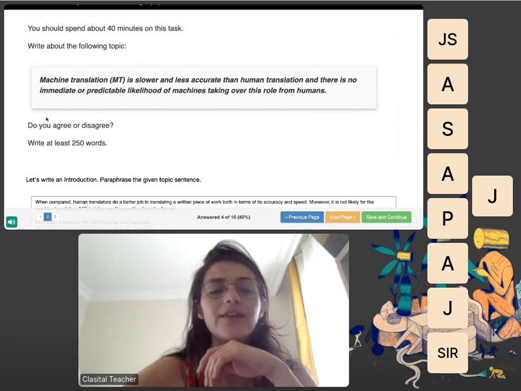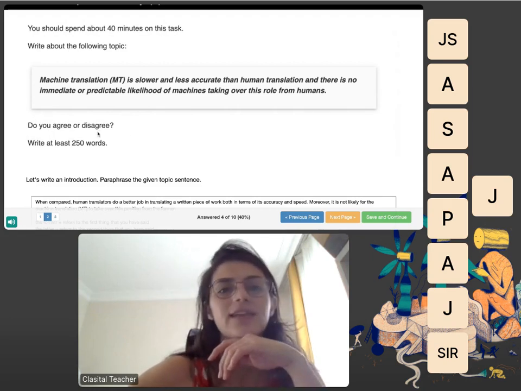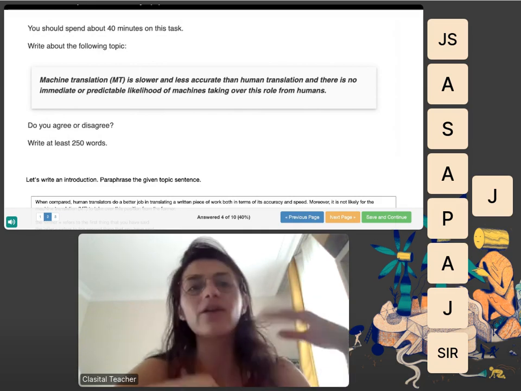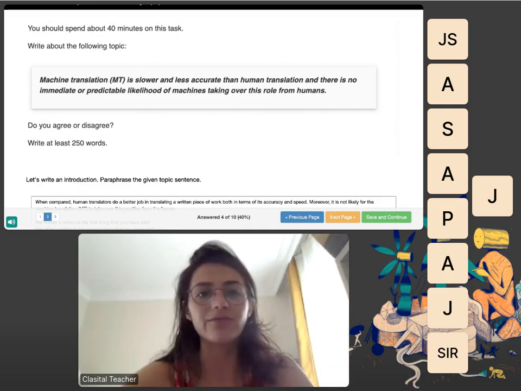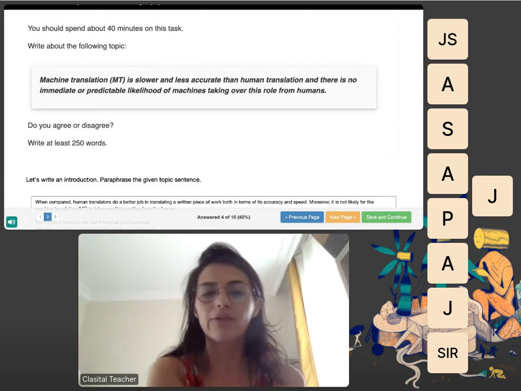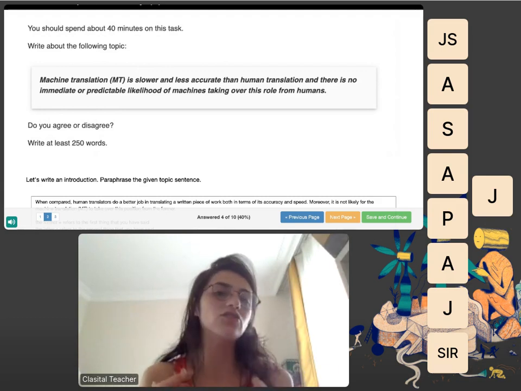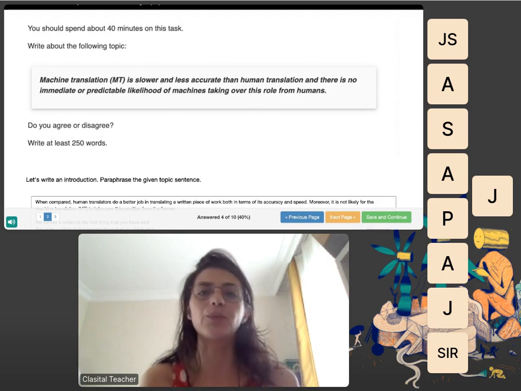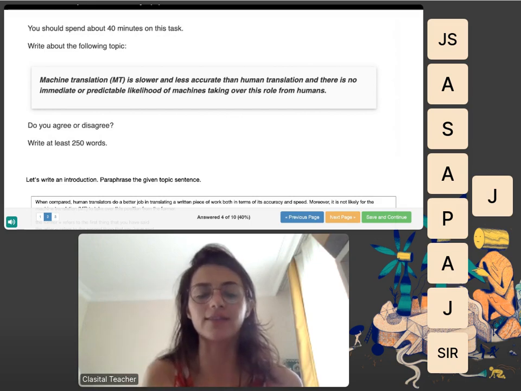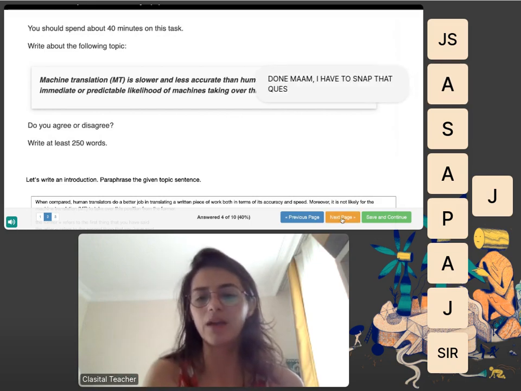We need to either agree or disagree with this statement. So we need to choose a position. Some of you have already said that you disagree, and some of you, I think, are agreeing with this statement. We need to choose our position, and we need to write an essay on that position consistently.